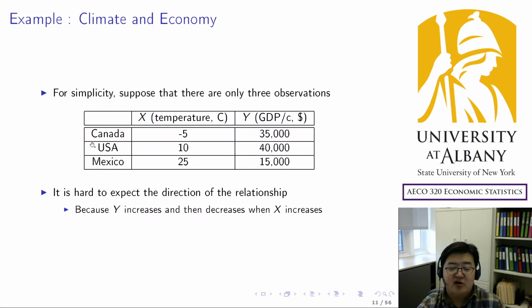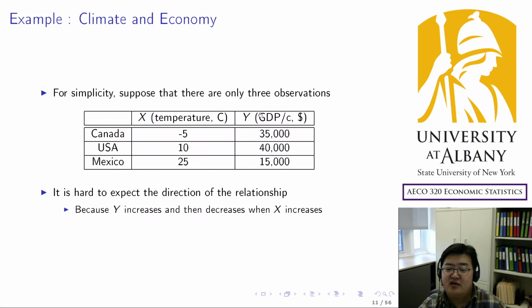Okay, so the 3 countries we are interested in are Canada, the United States, and Mexico. And we observe their temperatures and their GDP per capita. I also simplified those numbers. So I'll assume that Canada's average temperature is -5 degrees Celsius, USA is 10 degrees Celsius, Mexico 25 degrees Celsius.